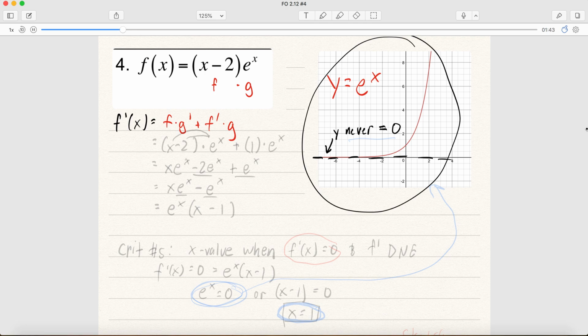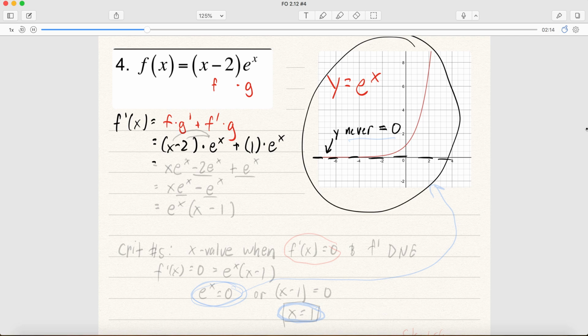When I actually do the product rule and take the derivatives of each part, I know that f is just x minus 2 itself, and the derivative of e to the x is e to the x, plus the derivative of x minus 2 is just, let's see, the derivative of x is 1, and the derivative of minus 2 is 0, so I'm just going to put 1, and then times g, which is just e to the x.